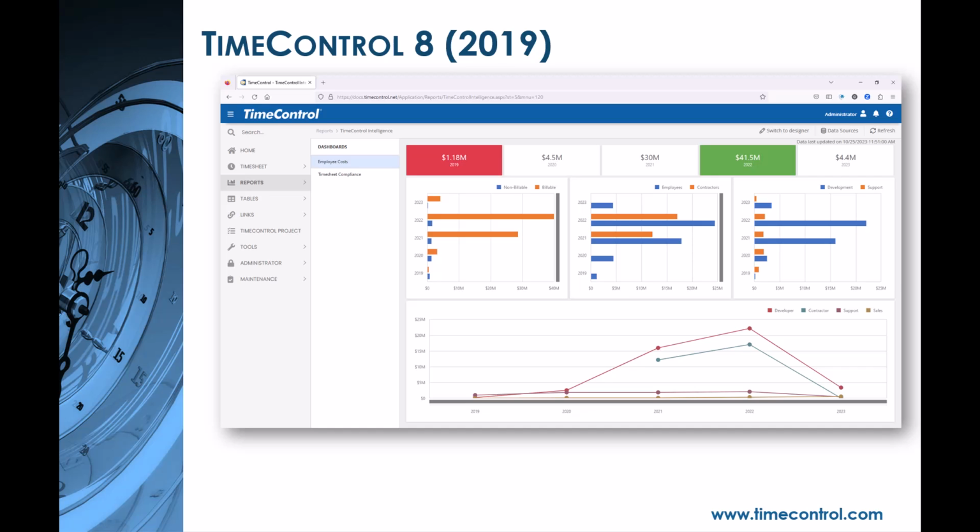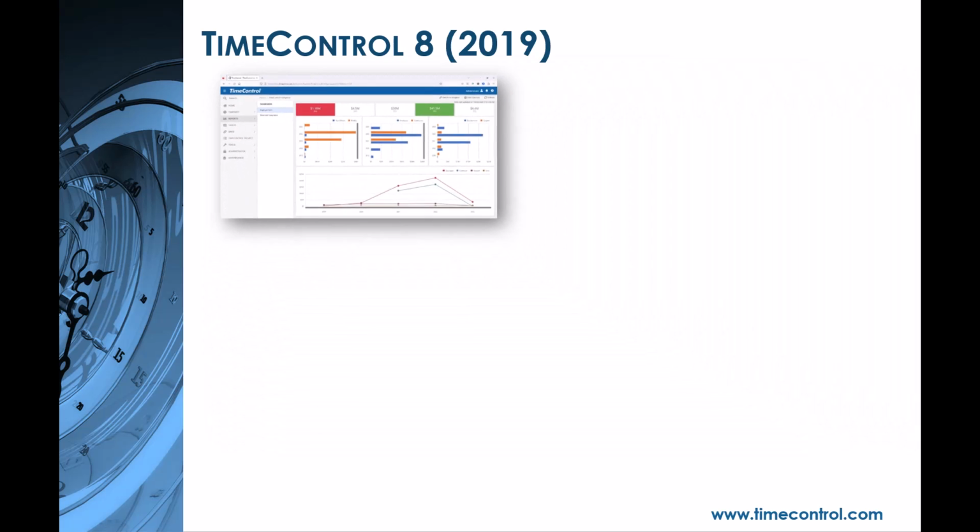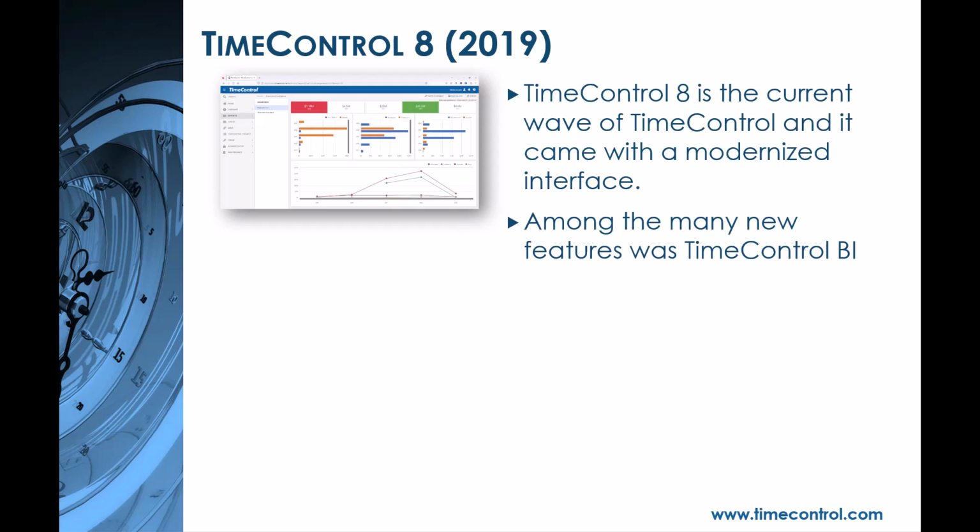This continues to be a multi-browser, multi-user interface, and is the core for what we do with Time Control Online. We have made sure that everything that we are doing with Time Control is able to come from a common code base. There's only one code base at a time with Time Control.